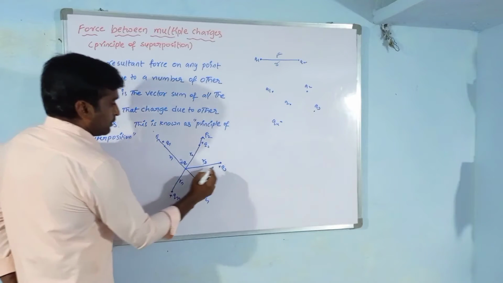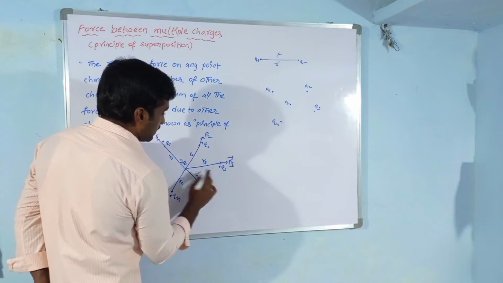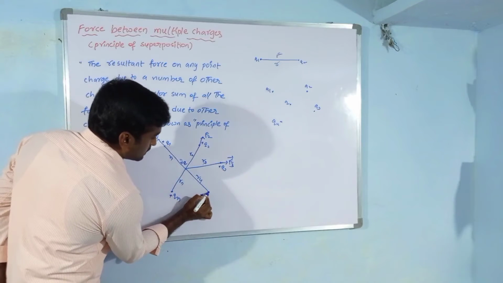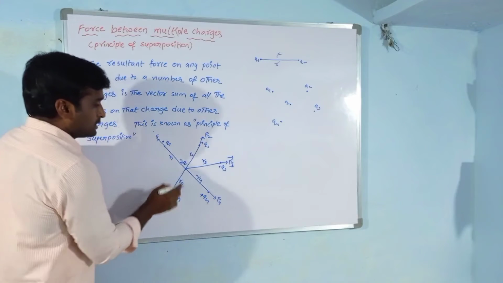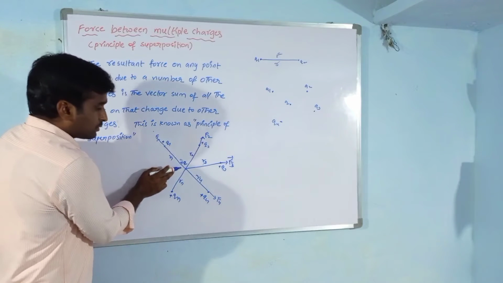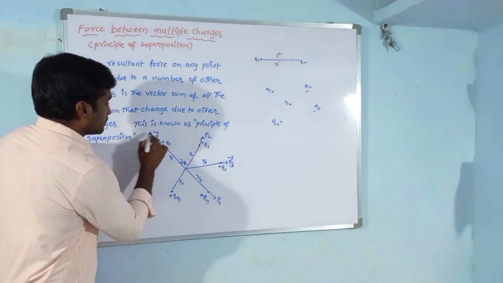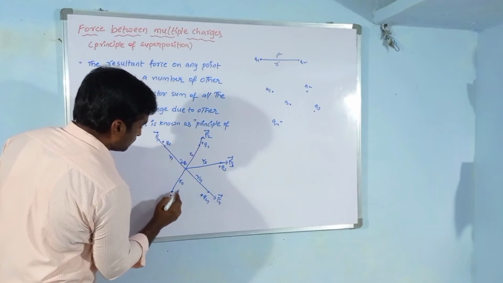Similarly F3 acts between Q3 and Q, and F4 acts on Q due to Q4. Force is a vector quantity, that's why I am taking a bar over it.